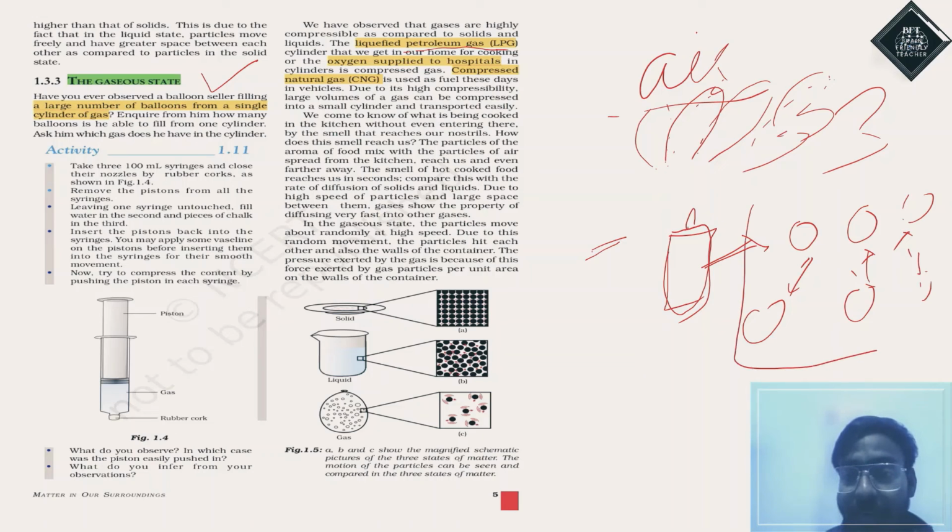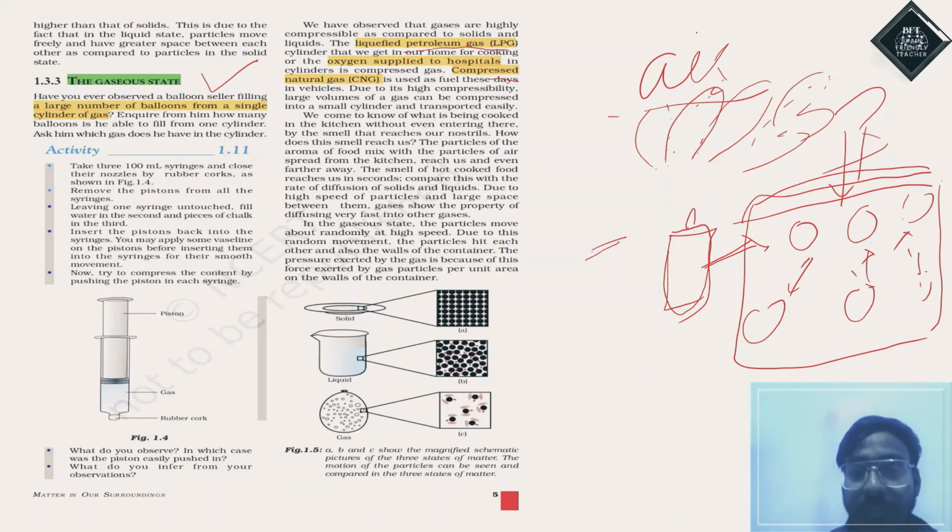In compressed natural gas, compressed means we are applying force. They place a piston and apply force, increasing the pressure, and the particles come closer and get compressed, and this way the cylinders get filled. So here are the examples, CNG and LPG, and you may relate some other examples from your daily life.